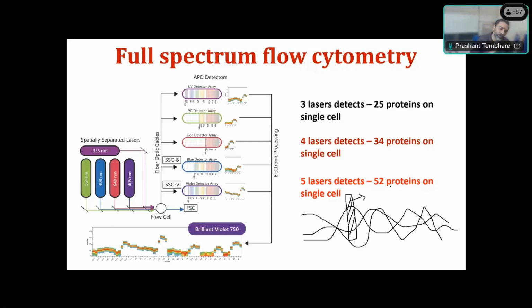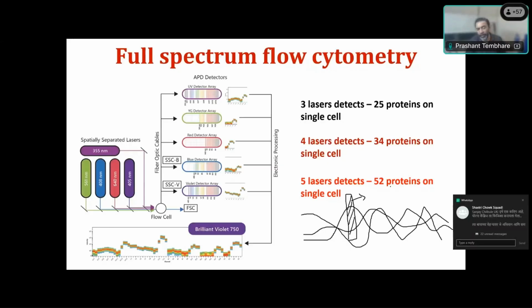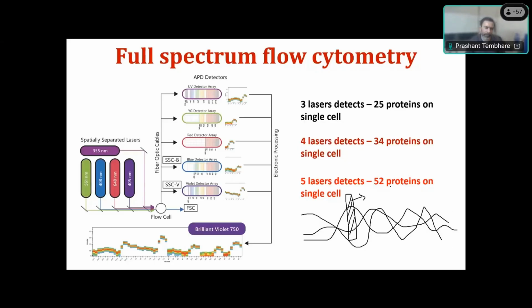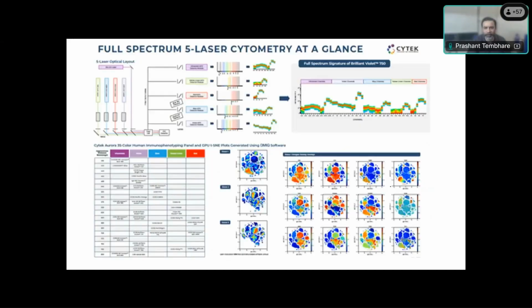It is used in complex assays like AML MRD, where you want to look at all the maturation patterns in the same cell, as well as immune cell monitoring, where you want to look at the T cell, B cell, NK cell and dendritic cell subsets in depth. It has strong significance in many infectious diseases as well as immunological disorders. So that is called full spectrum flow cytometry.